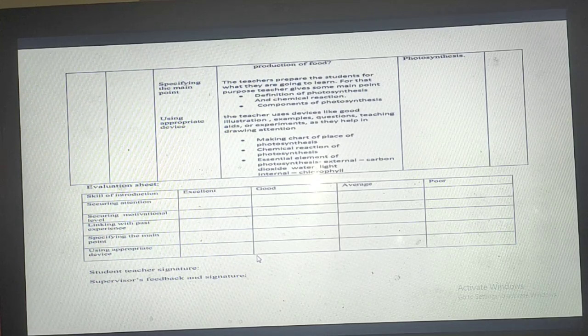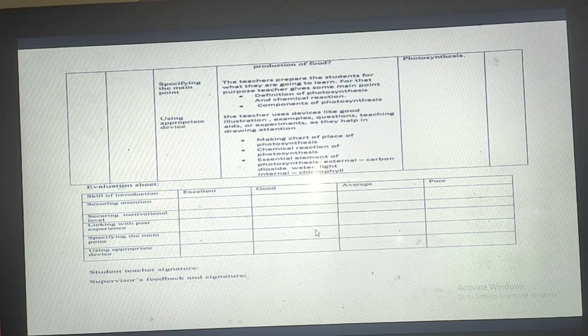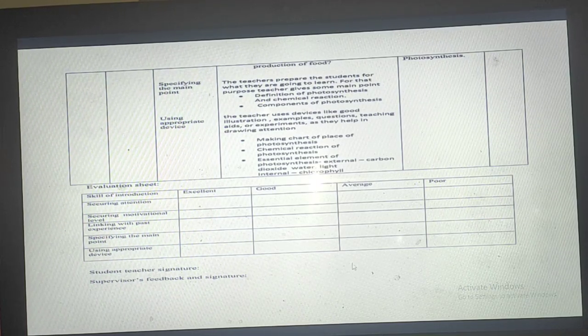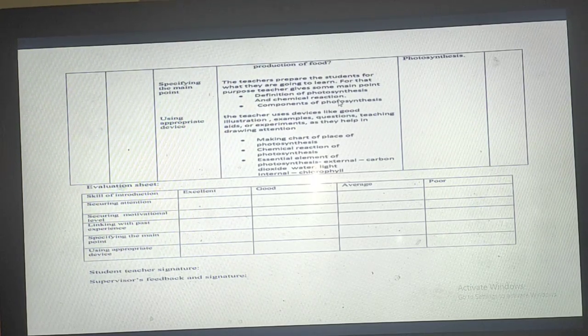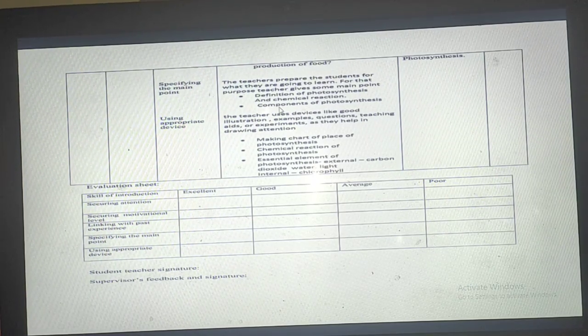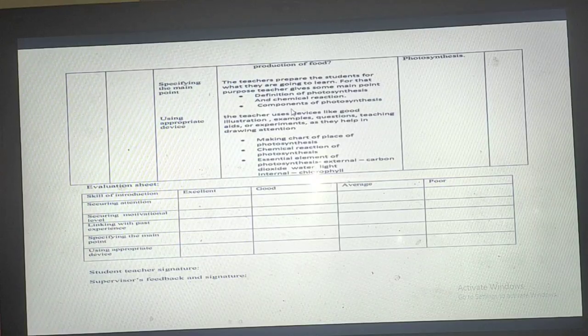Specifying the points: here also I have already discussed. Here the teacher highlights the main points of that topic: the definition of photosynthesis, the chemical reactions, and the components of photosynthesis.